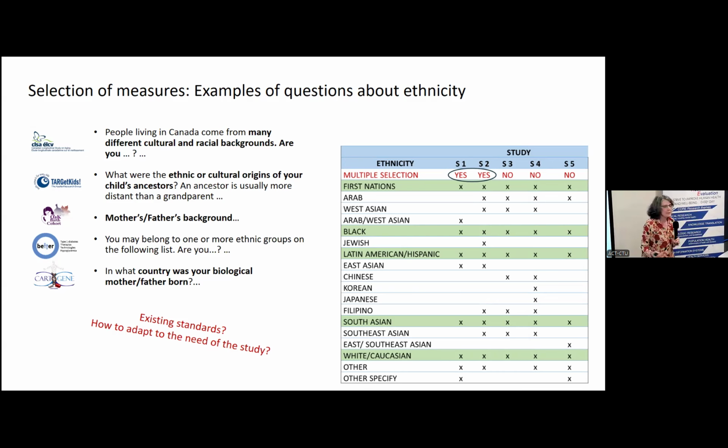It's not the standard. And if you look at the ways questions about ethnicity are asked by different studies, and as well the categories, here you have Arab, West Asian, there you have Arab and West Asian together. So what is the category I need to use to have valid information?